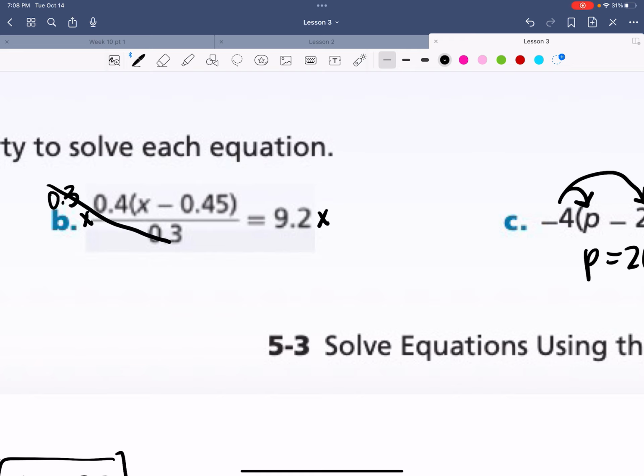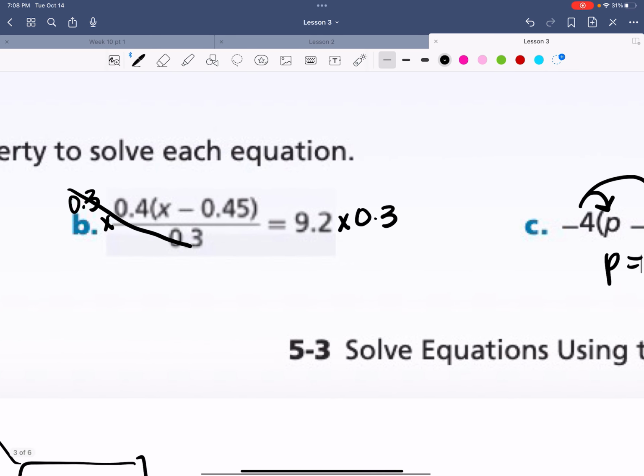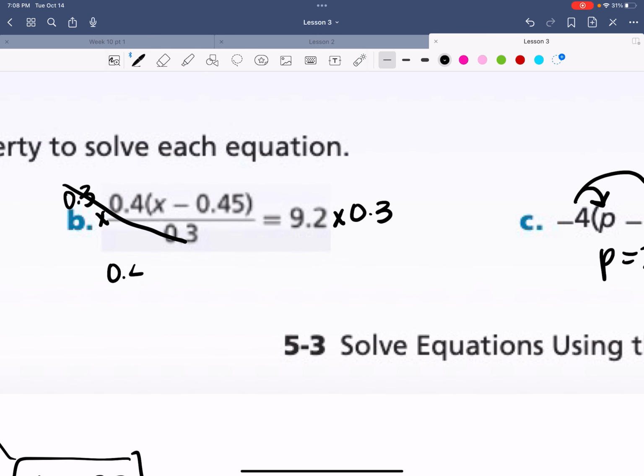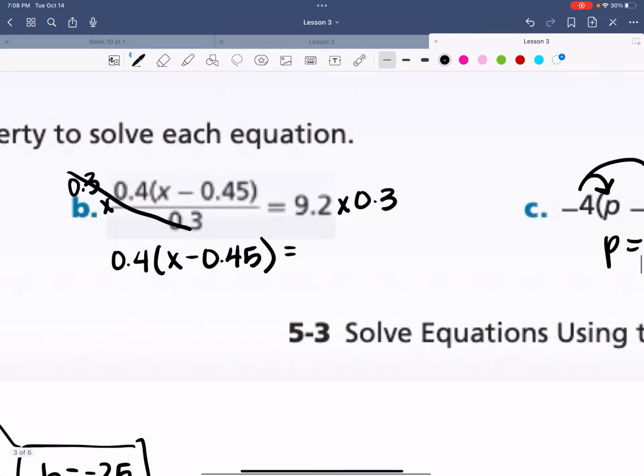I just have to do it to my other side as well. So now I'm left with 4/10 times x minus 45/100 equals 9.2 times 0.3 is 2.76.